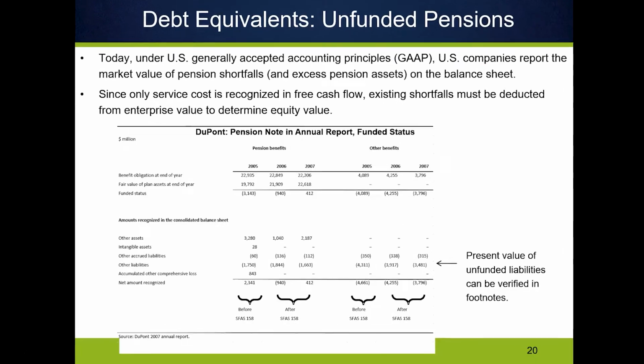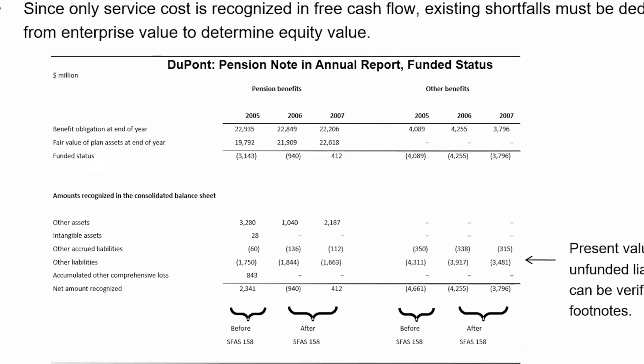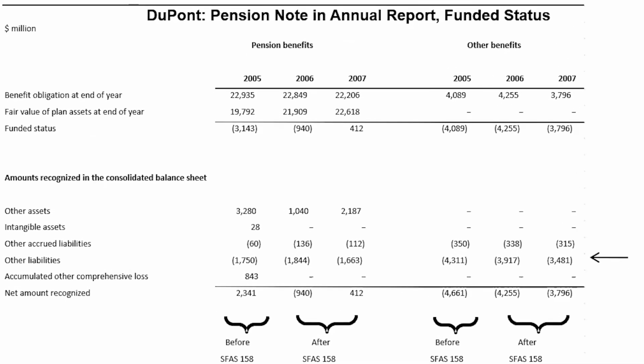But essentially, you're estimating how long the employees are going to live, so that means how many payments they're going to draw down. Use all of that information to calculate how much money should be in the account. An enormous amount of firms are drastically underfunded relative to that value, right? And you can see here, this is DuPont. They're a big chemical company. Just look at the last year, 2007.